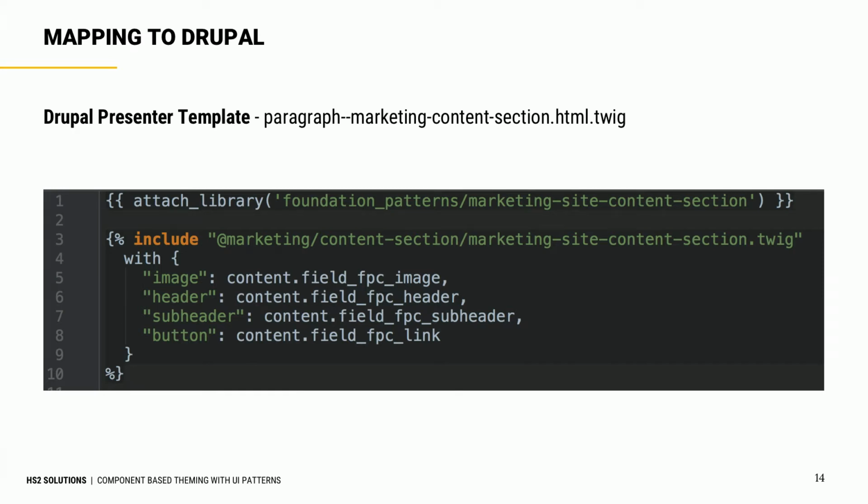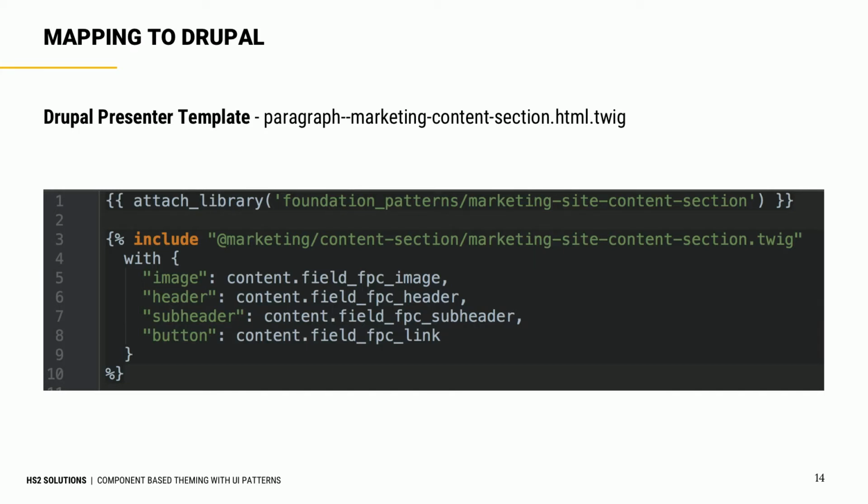So now on the Drupal side of things, we're trying to connect Drupal to our pattern library component. And the approach here is using what's sometimes called the presenter template. So in this particular example, there's a paragraph type that relates to this component. So we're using the default template suggestion for that paragraph.